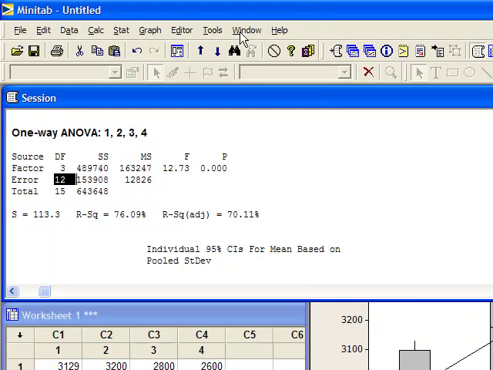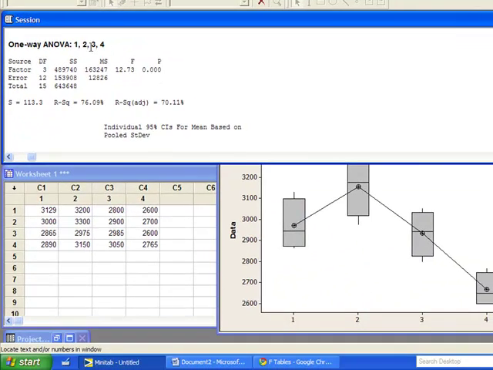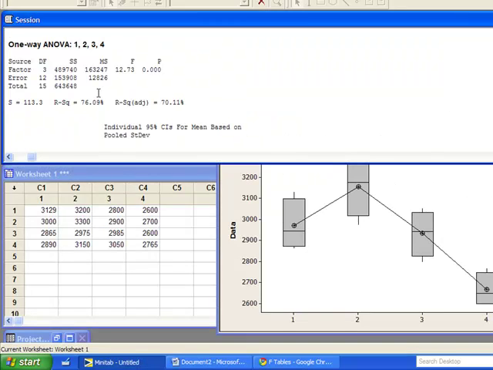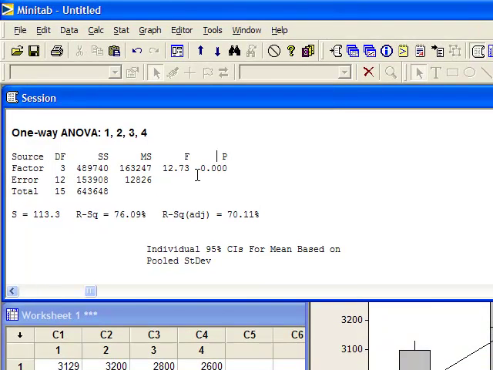Also Minitab calculated sum of squares values for factor, error and total. Here you can see sum of squares, degrees of freedom, and it also calculated mean squares and the F value, also the p value.